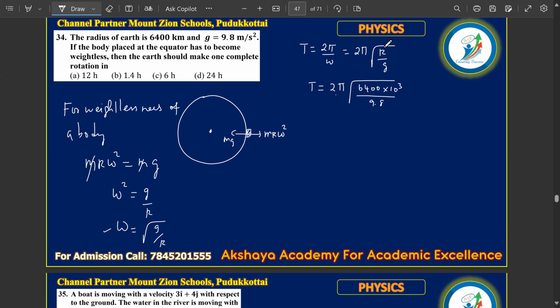For the pi value, if we just take 3.14, we get T approximately equal to 5080 seconds. When you convert into hours, this will be 1.4 hours. Then the answer for question number 34 is option B.